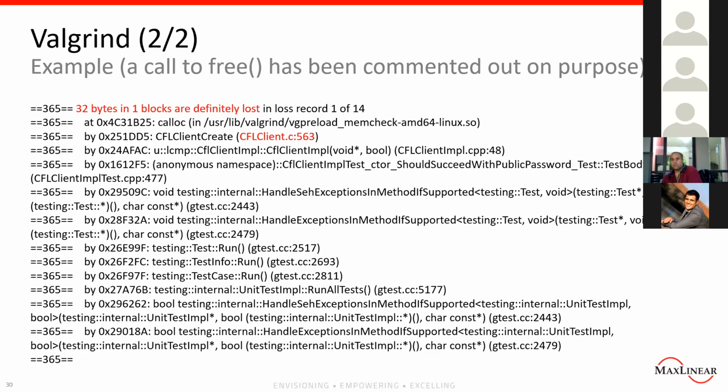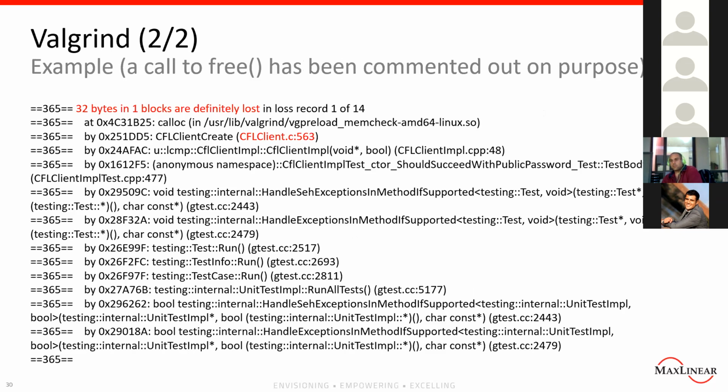And in this slide, this is an example of an error detected and shown by the Valgrind tool. What we have done here is to comment out a call to a free instruction just to introduce a bug.